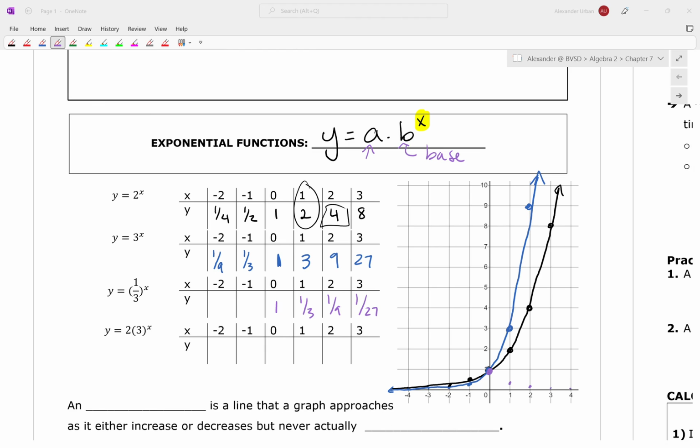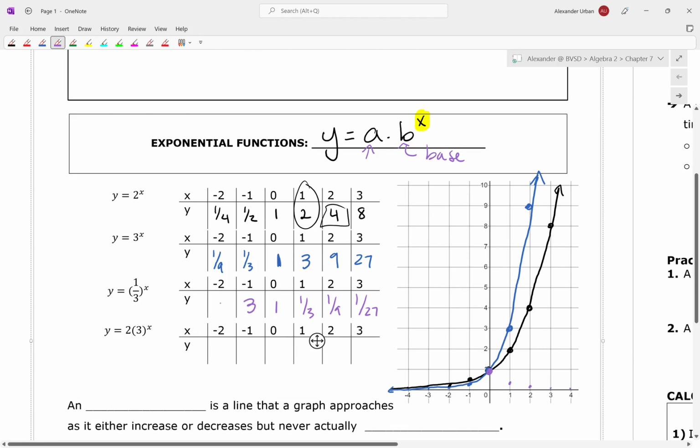But if I go backwards, I'm going to use the reciprocal of those values. So 1/3 to the negative first power is 3. 1/3 to the negative second power is actually 9. So going backwards, it looks exactly like my 3 to the x power graph, but reflected over x equals 0, or the y-axis.